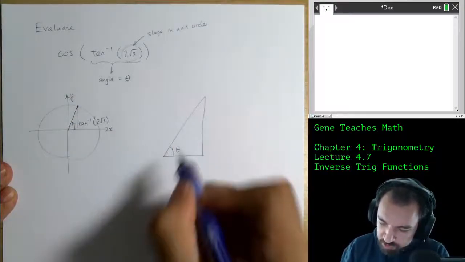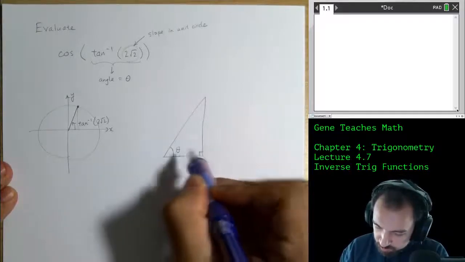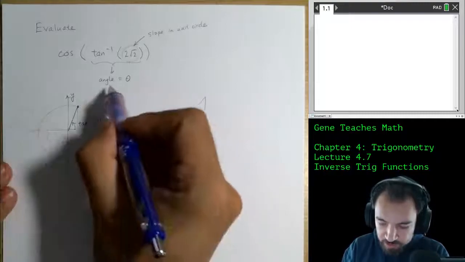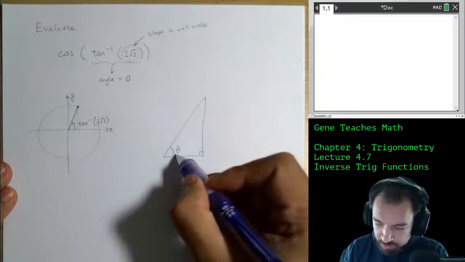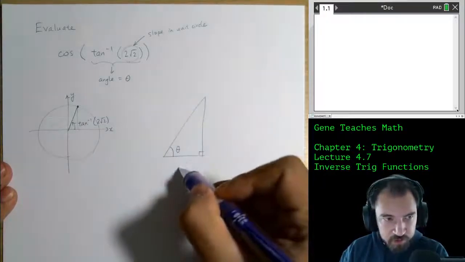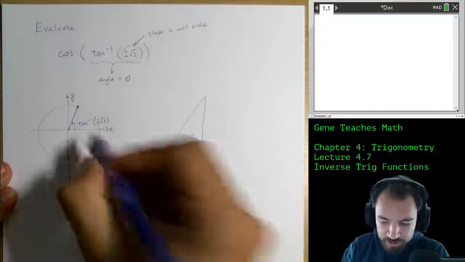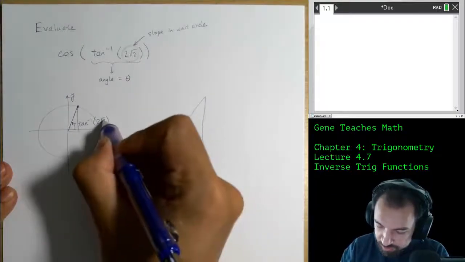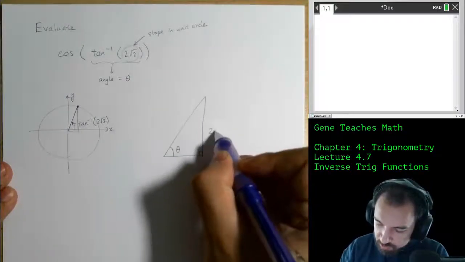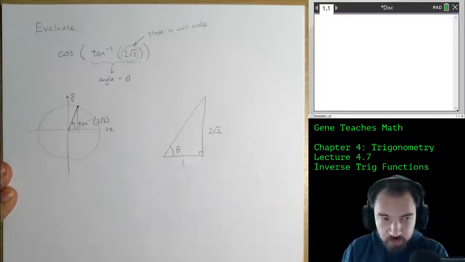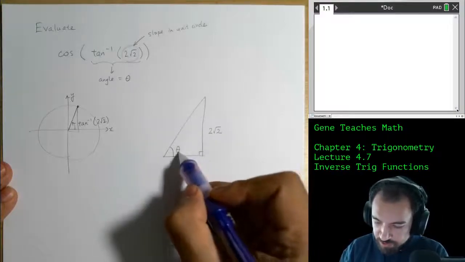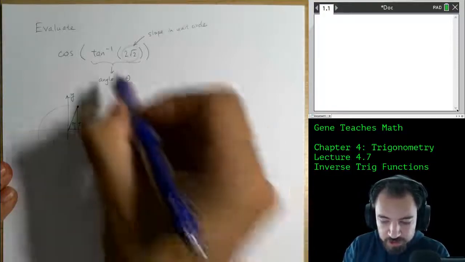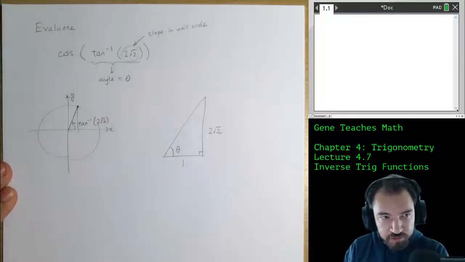So if I draw a right triangle with an angle theta, then in the context of this right triangle, tangent of theta is the same thing as opposite over adjacent. That's the y over x in the unit circle, which means I can assign the side lengths here as 2 root 2 and 1. And I would successfully say that tangent of theta equals 2 root 2 over 1, which is the same thing as the tangent inverse of 2 root 2. Okay.